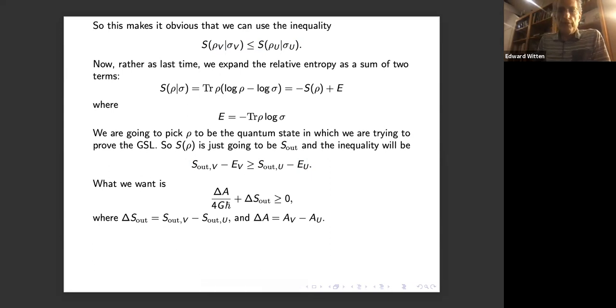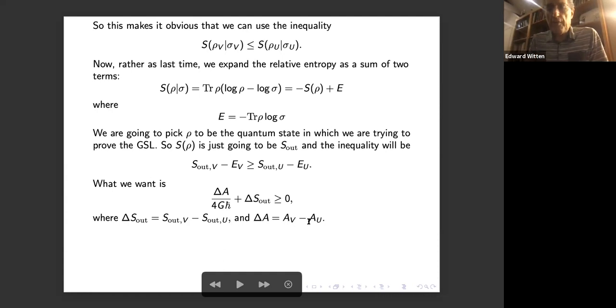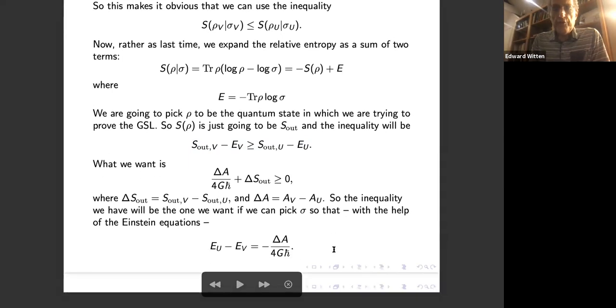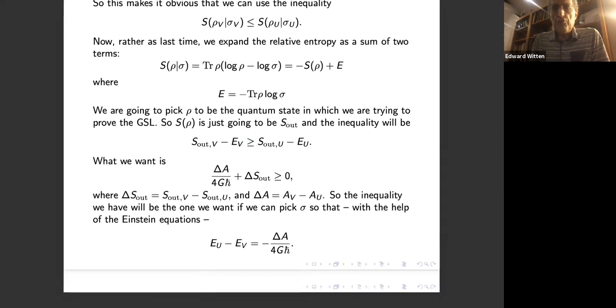Well, what we want is that the change in the area over 4GħM plus the change in S out is non-negative. That's the generalized second law. So the change in S out is S out in region V minus S out in region U. And the change in the area is A in region V minus A in region U. So you see the inequality that we get for free from monotonicity of relative entropy will agree with the generalized second law if we can pick sigma so that with the help of Einstein's equations, E_U minus E_V is minus delta A over 4Għ.